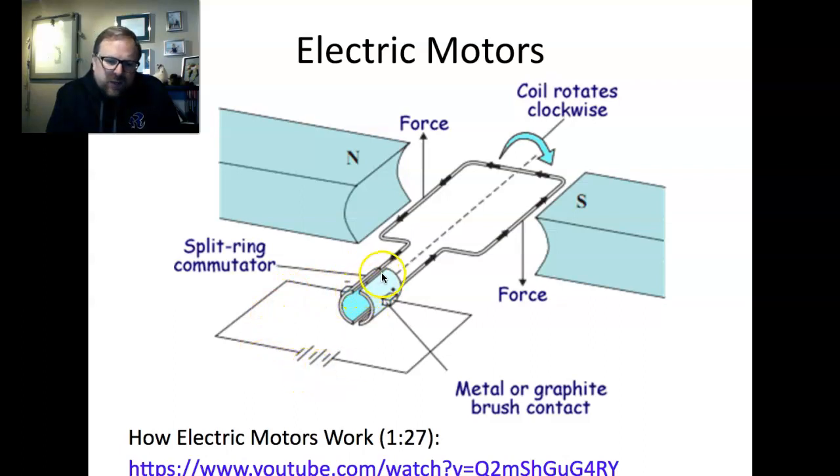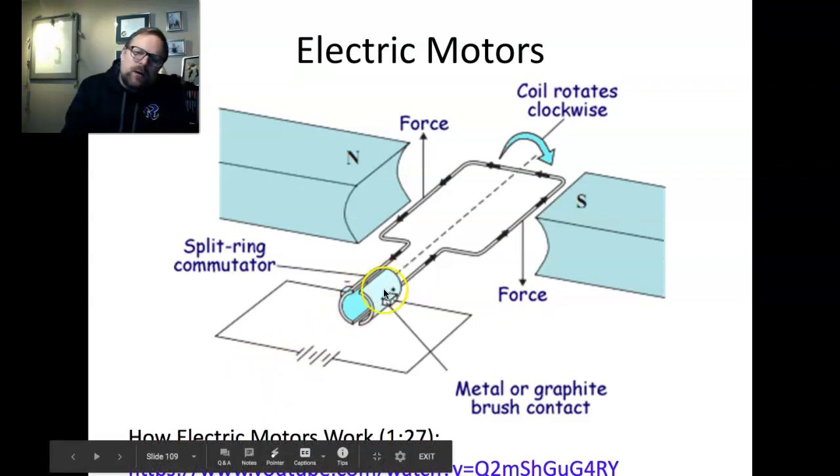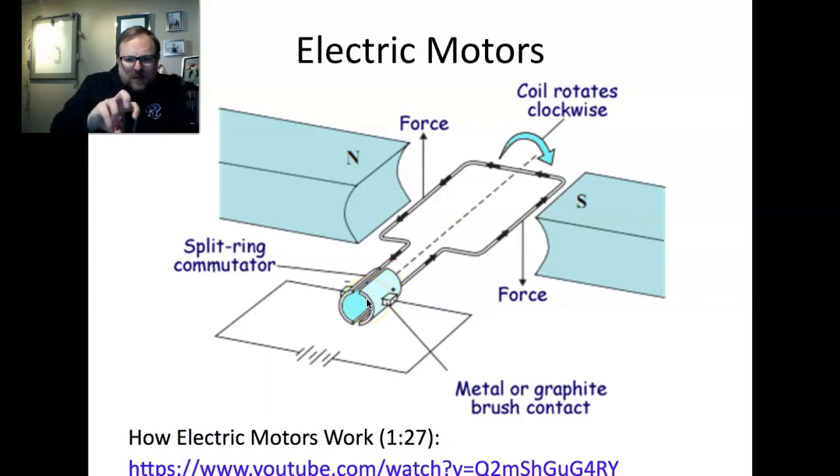You'll notice here that there's a split on the top and on the bottom. As the armature spins, and there would be a stick coming out of this that might be hooked up to a pulley or a gear, this whole commutator spins as well. There will come a point when the brushes are not in contact with the metal on the commutator.